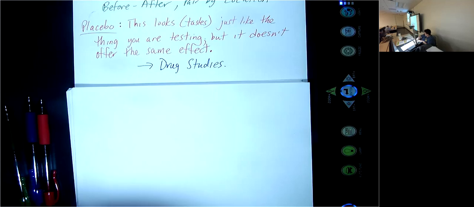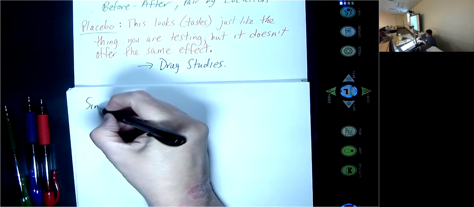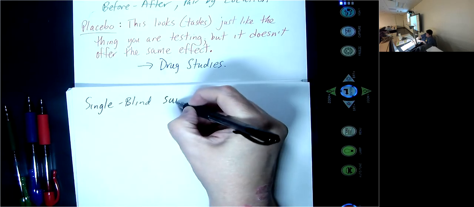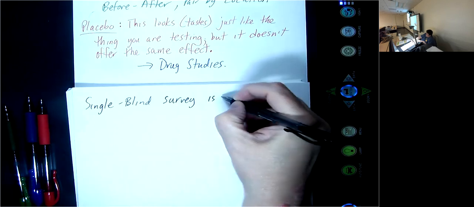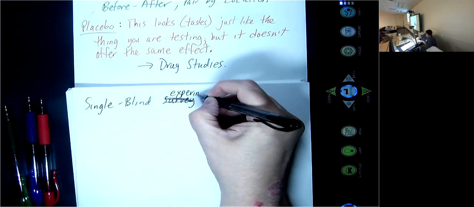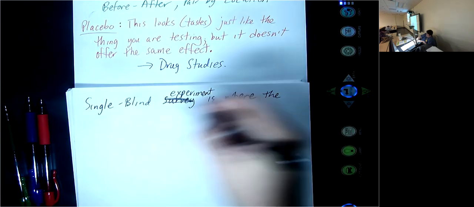A single blind is, well, not survey, but experiment, where the recipient doesn't know what they are getting.